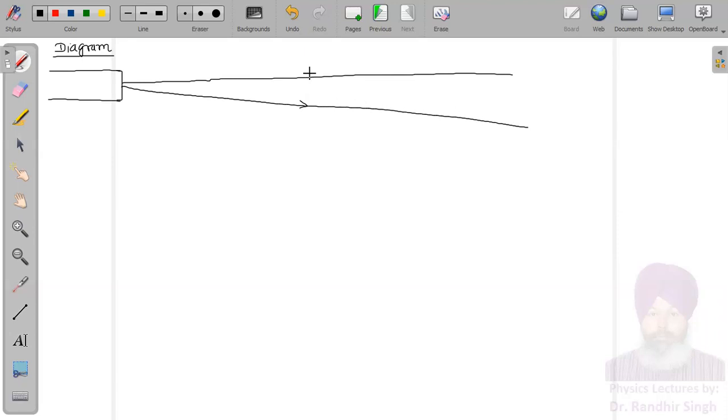So theoretically, we know that a laser produces a parallel beam of light, but practically no laser can produce an exactly parallel beam of light.